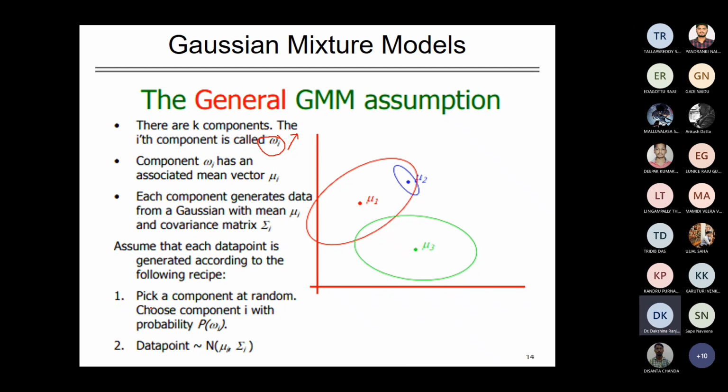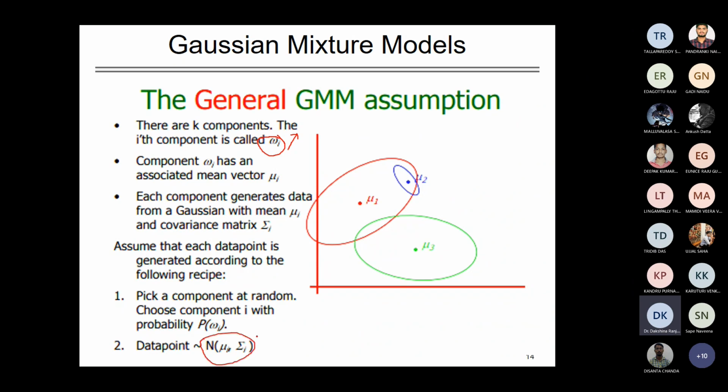Now what we do is pick a component randomly. We choose the component I with probability p of omega I, and then the data point is given by N of mu I, sigma I. This represents the normal distribution.